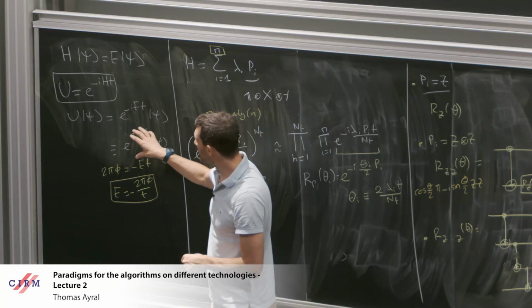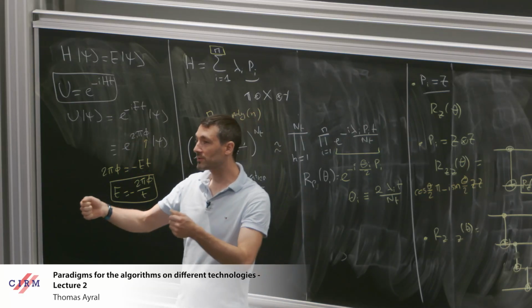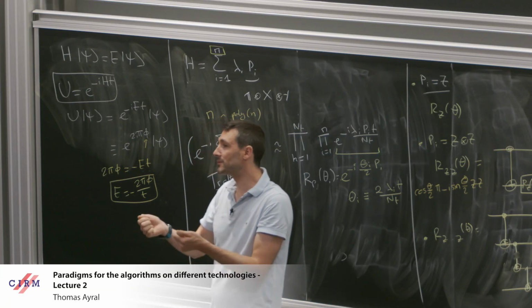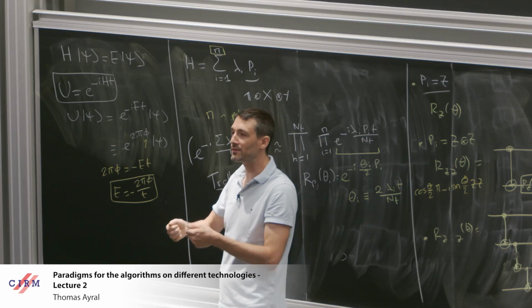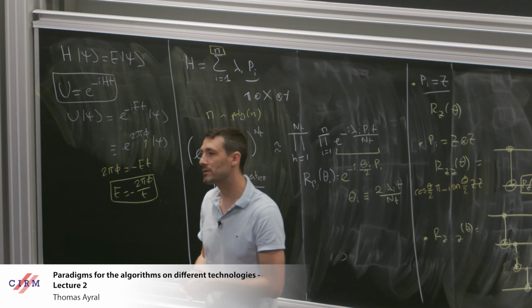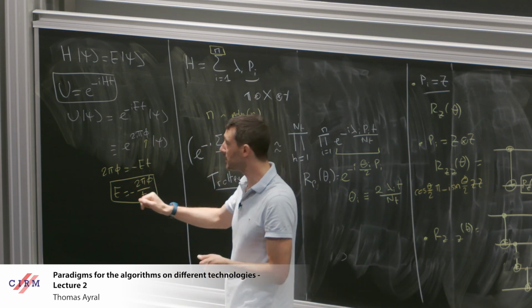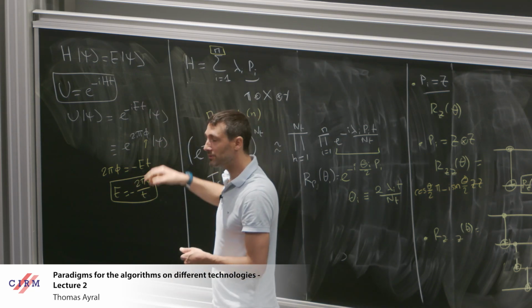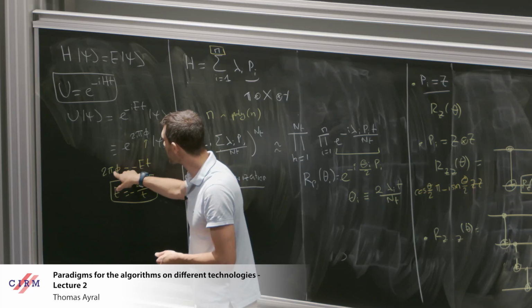So that means that you need to have an estimate of where your result is, but that's usually the case. You have a classical method that tells you, okay, at most I can be E max, and at least I have E min for my energy. Then you shift your Hamiltonian. You pick a time so that in the end you're guaranteed that your result is going to fall between 0 and 1.